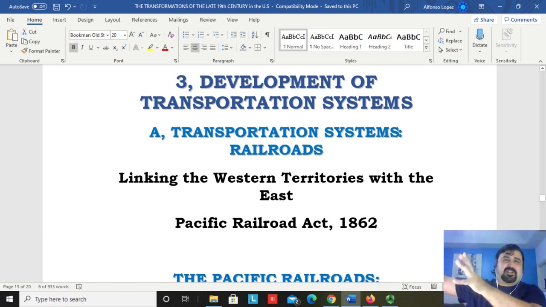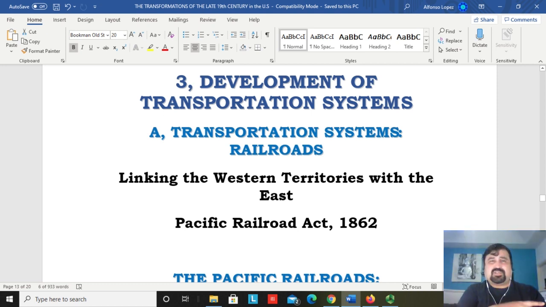The eastern part of the country is the region that has now fully developed industries. So if you are to tie the country together commercially, so the country can function as a single entity, you need to link the western territories with the eastern part of the country so they become fully integrated economically and commercially.